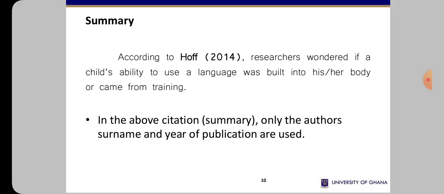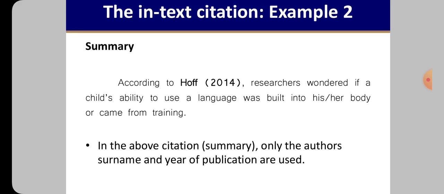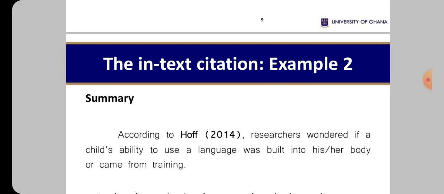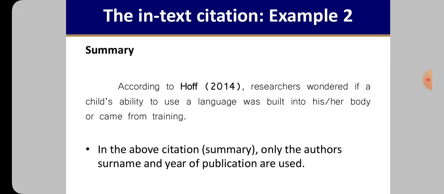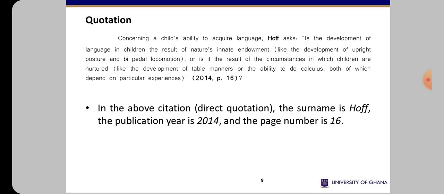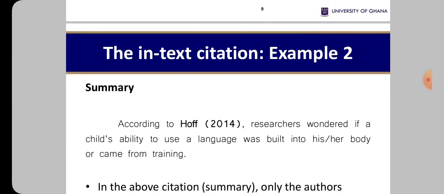According to Hoff, and then his original idea, we brought the words: researchers wondered if a child's ability to use a language was built into his or her body or came from training. With this one, we summarize the text. The first example has been summarized here.